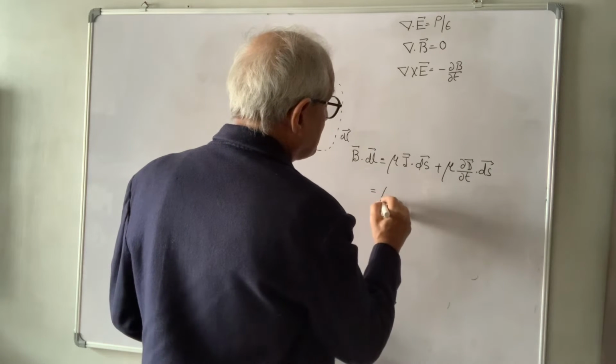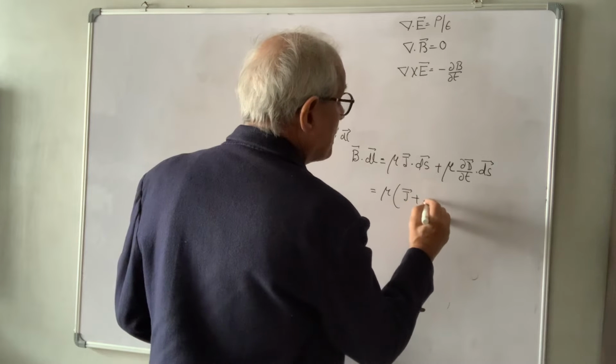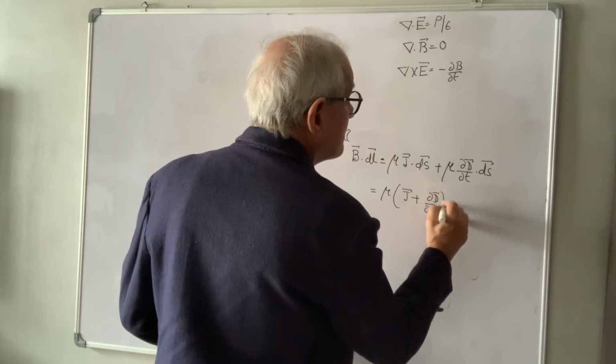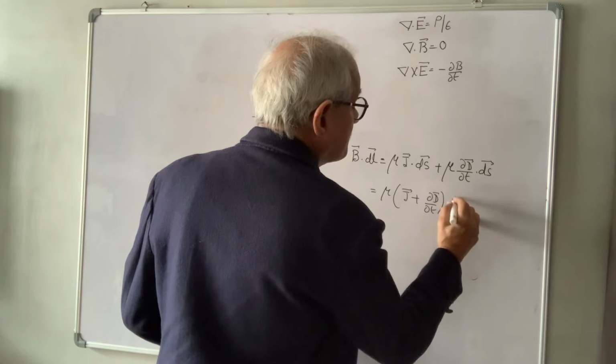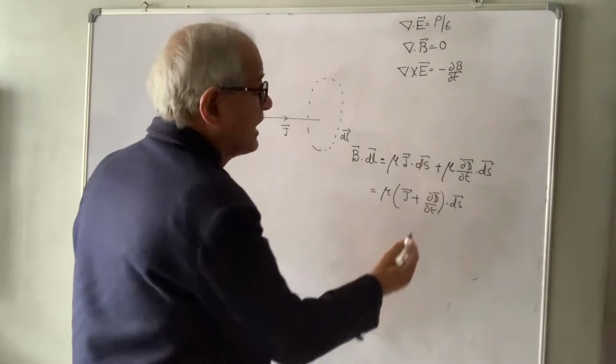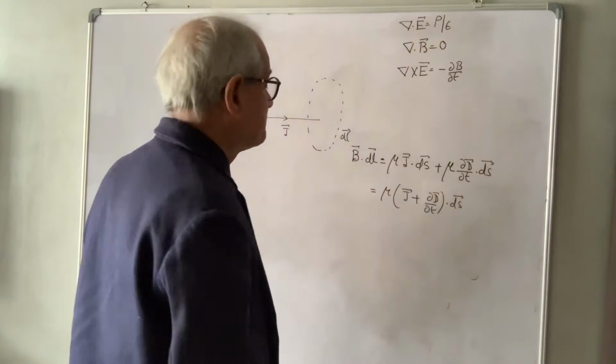This we can write as mu J plus del T of D dot ds. Here J is the conduction current density and del T of D is the induction current density.